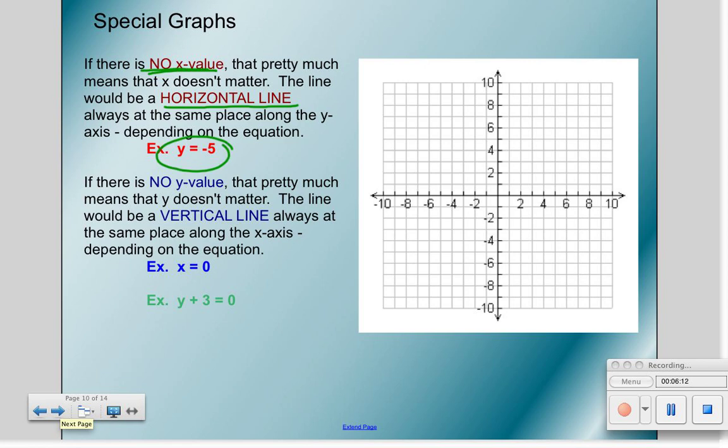If y equals negative 5, what that means is I'm going to go down to negative 5, and everywhere where y is equal to negative 5, that's my line. So these are not just points, they're lines, okay? It doesn't matter what x is, the y value is always negative 5. I should have made that one red, huh? So that is y equals negative 5.